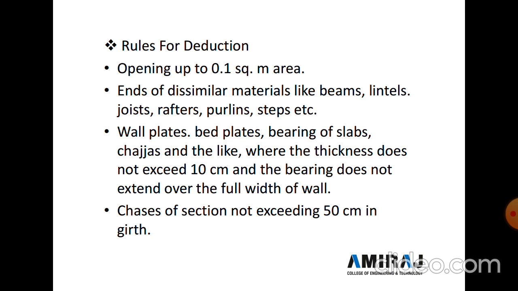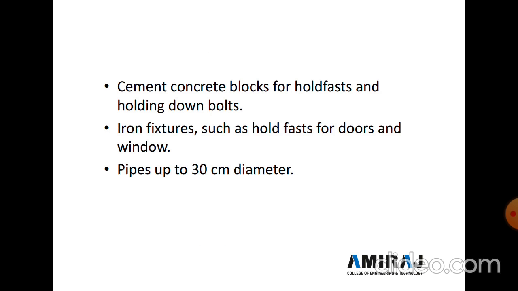Chase of section not exceeding 50 centimeters in girth, cement concrete blocks, holdfasts and holding down bolts, iron fixtures such as holdfasts for door and window, and pipes up to 30 centimeters diameter. So these are some of the rules for deduction.